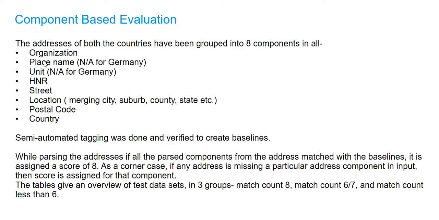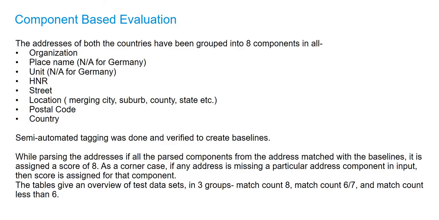An address has the components listed in this slide. For example, the organization, place name, unit, house number, street, and so on; these are eight components. If the machine learning system was able to predict all these eight fields correctly, we place them in the exact category.